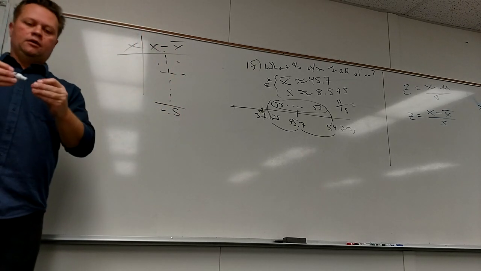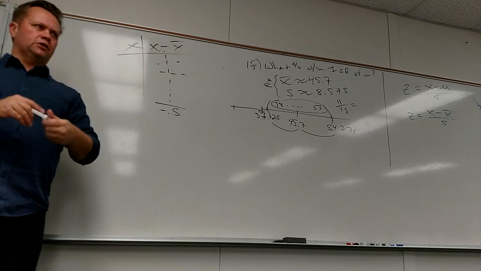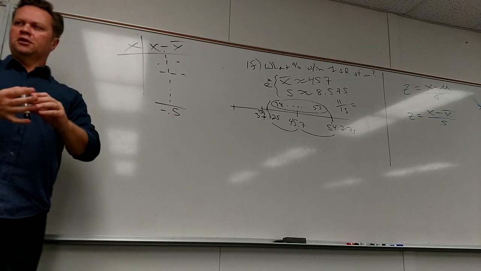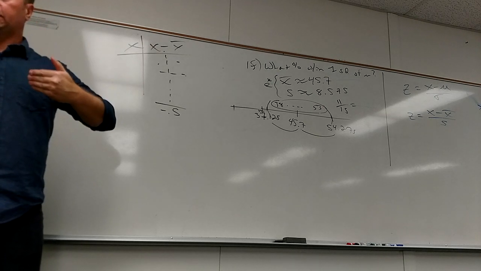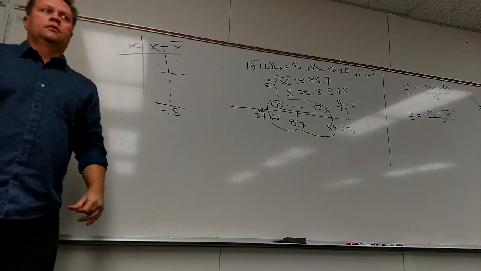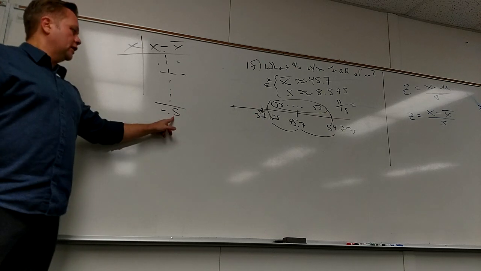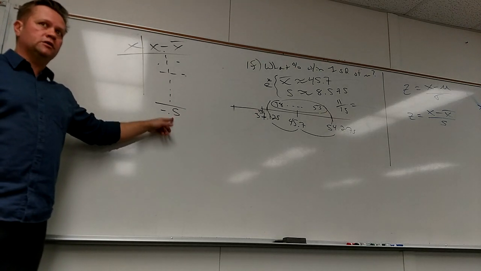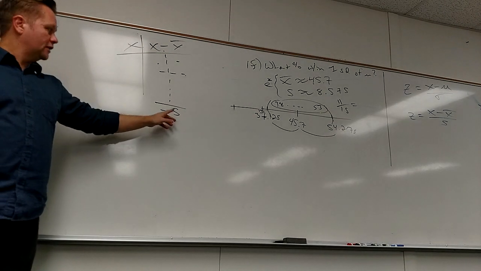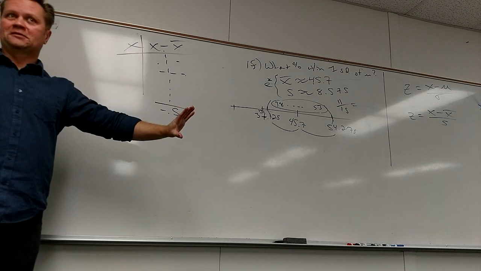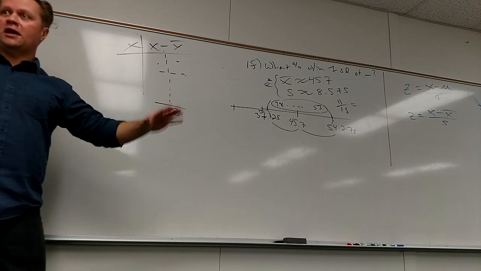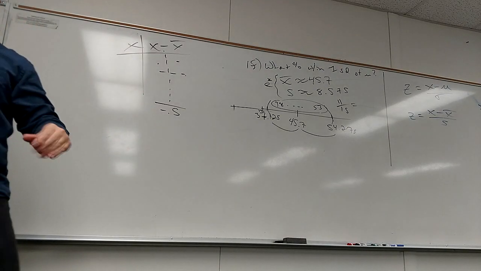That's why rounding is actually a huge concern. You normally don't want to round at all until the very end of a problem. But if you don't get 0 here, it doesn't mean you're wrong. It just means you rounded. But if you get 2 here, that's a little too far away. That probably means you've made a mistake.